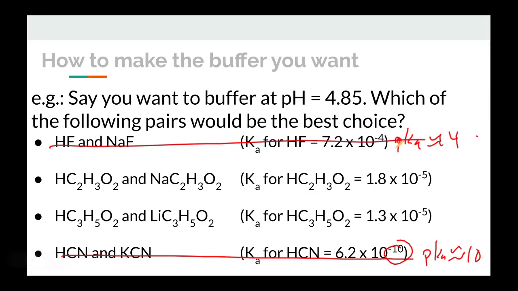So that's probably not a good choice. But these two are going to have pKa's that are around 5, somewhere in the right zone. So either of those might be a good choice. If we actually calculate this pKa, it's 4.74. If we actually calculate this pKa, it's 4.89. So either of those would be an okay choice for this buffer.